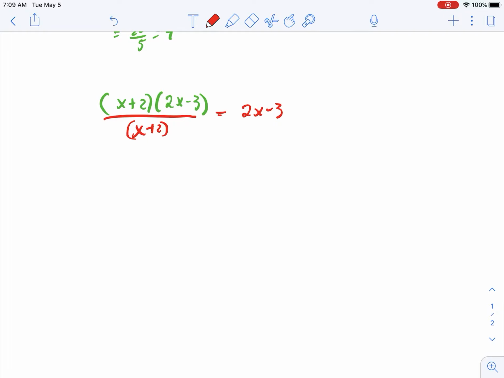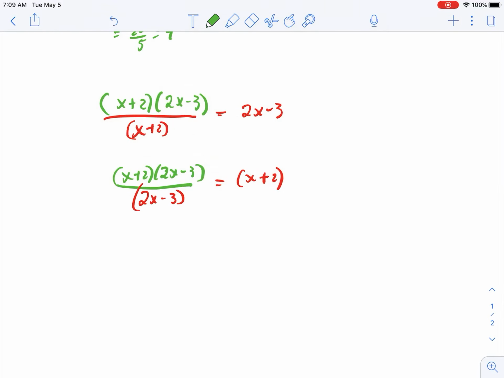Or if I divide out by 2x minus 3, I'll get x plus 2.